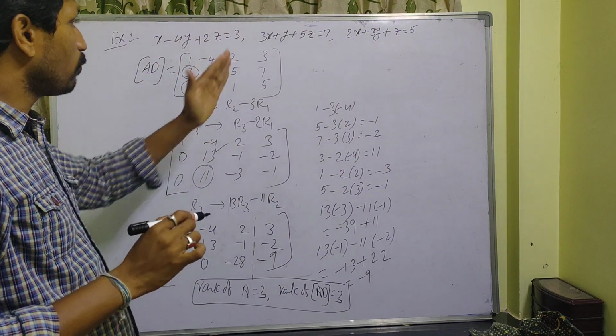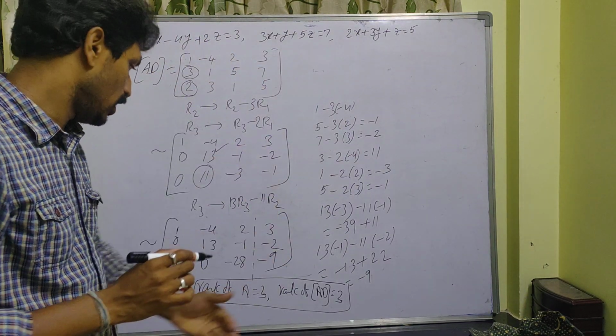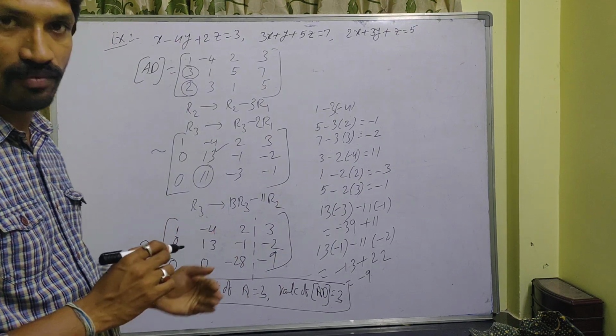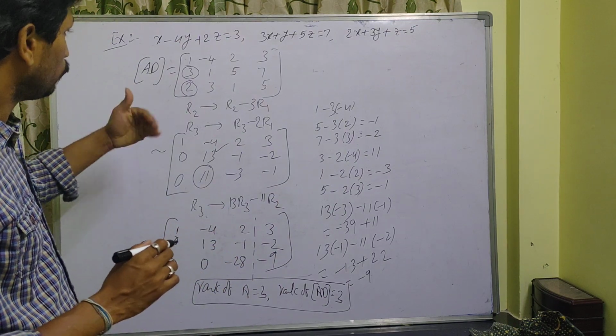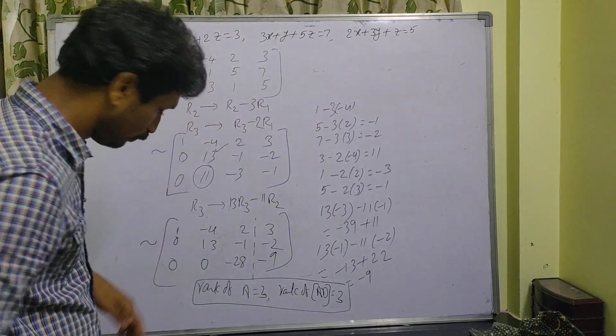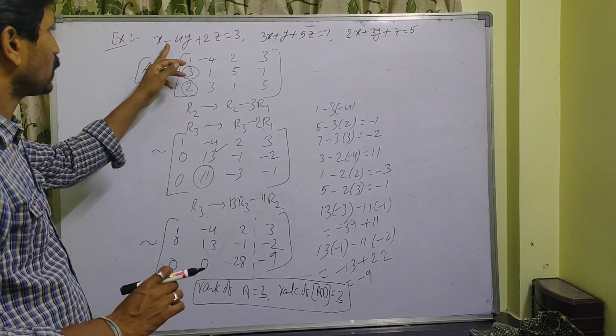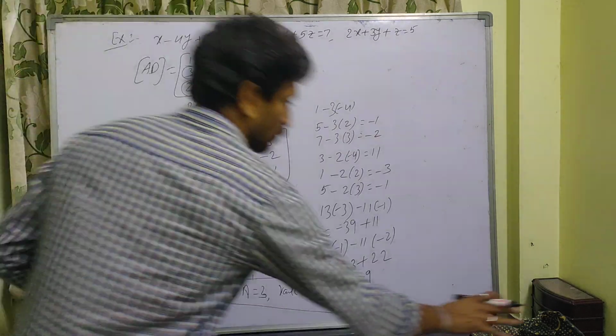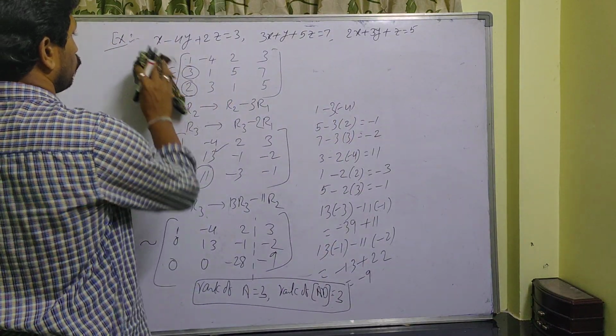So if you take 1 minus 4 plus 2, you get rank of A and rank of AD both equal to 3. But you take the same example with correction, that is 1 plus 4 minus 2, and continue the problem.